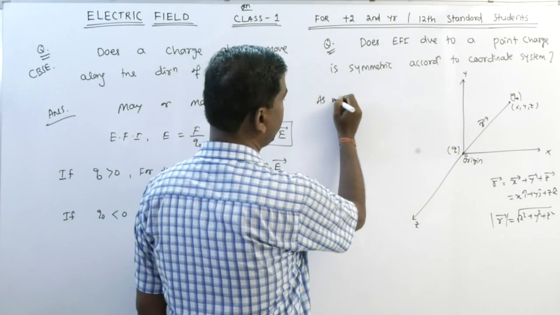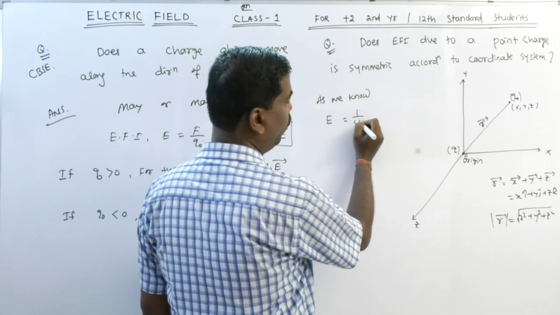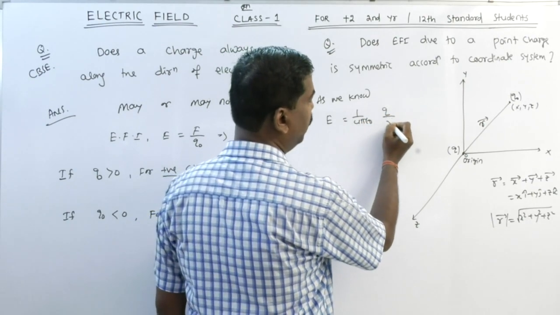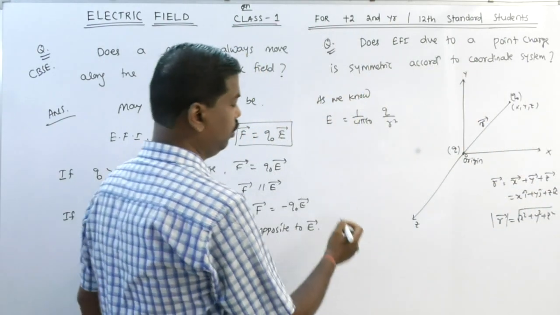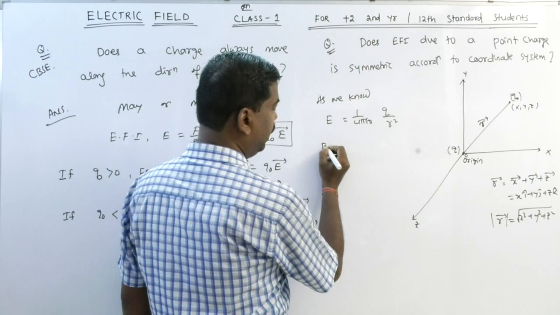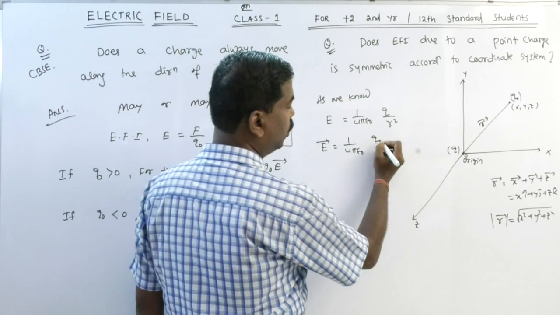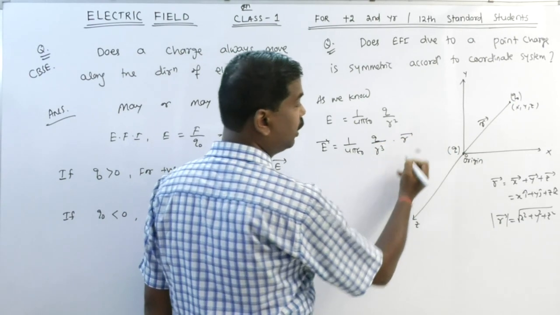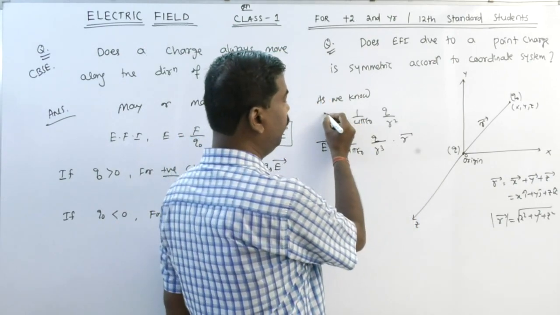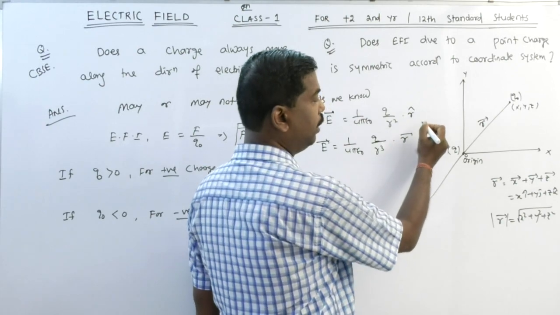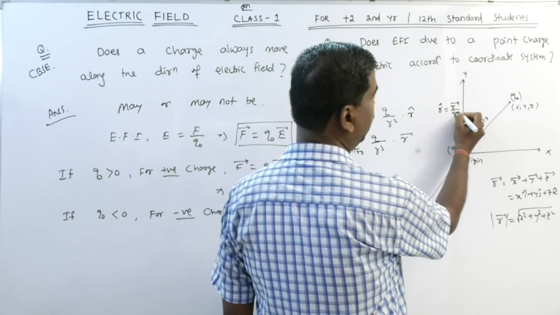As we know, electric field intensity E is equal to 1 by 4 pi epsilon 0 Q by R square, because it obeys the inverse square law. If you write it in vector form, it is 1 by 4 pi epsilon 0 Q by R cube into the R vector, because whenever we put the vector, I can write it as R cap, and R cap is equal to R vector by the magnitude of R vector.